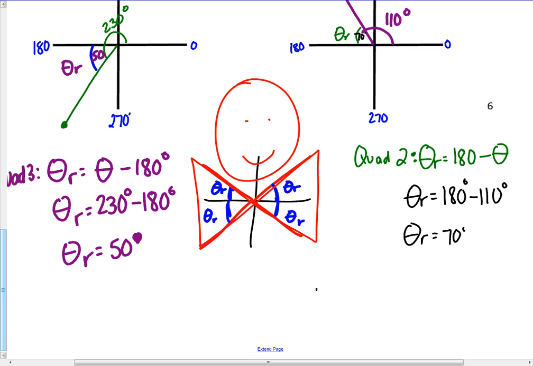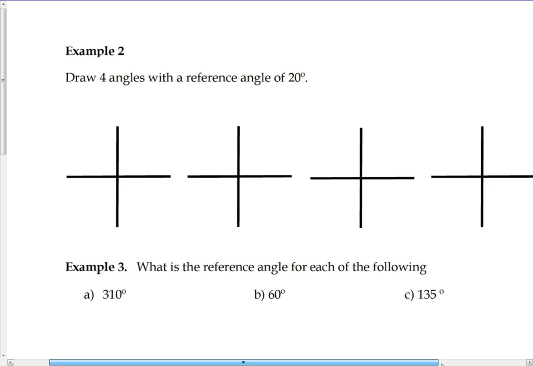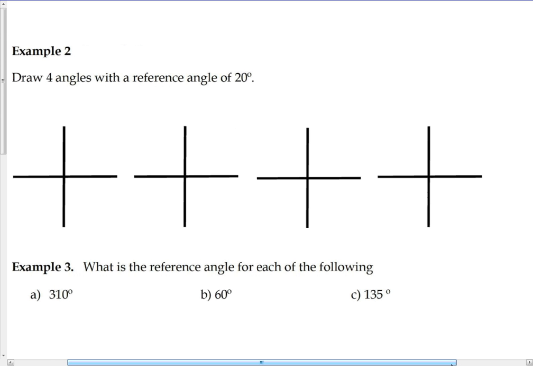Lots of talking today. Let's move on to our last page. Draw 4 angles with a reference angle of 20. How many quadrants do we have? 4. So let's do one for each quadrant. Coincidence?